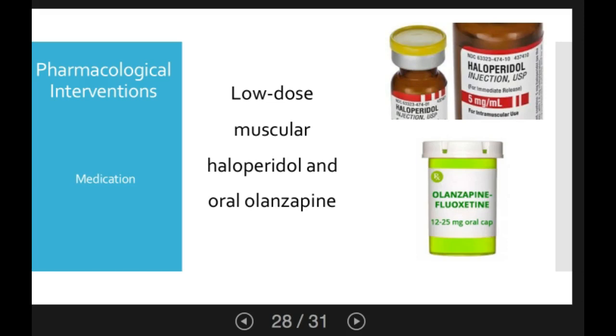The patients receiving the haloperidol had a significant decrease in the development of postoperative delirium, as well as decreased length of stay in the ICU.